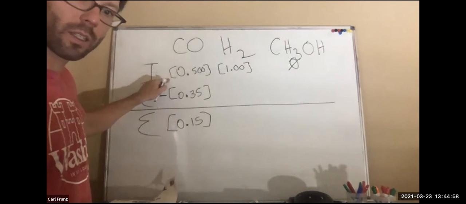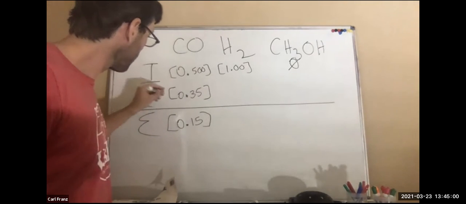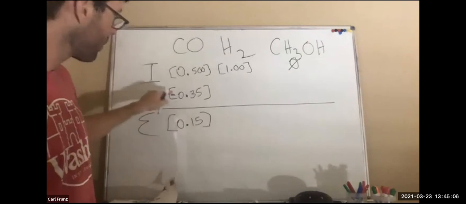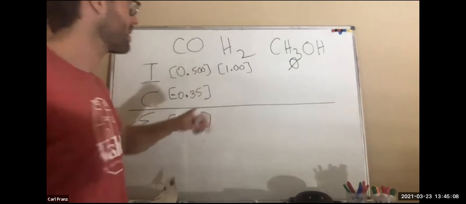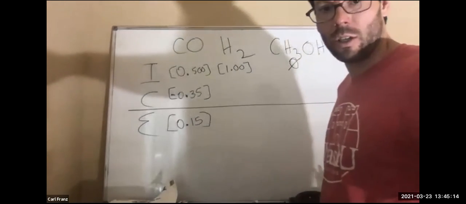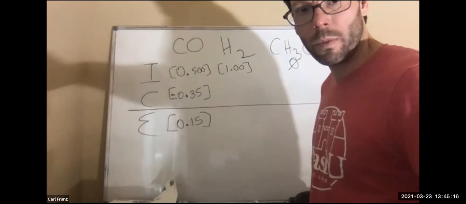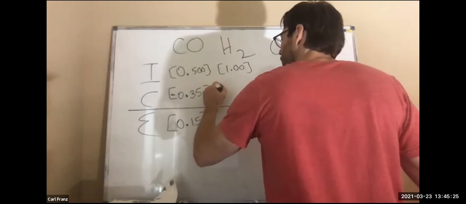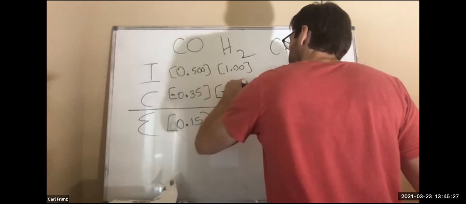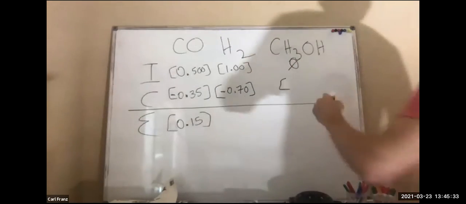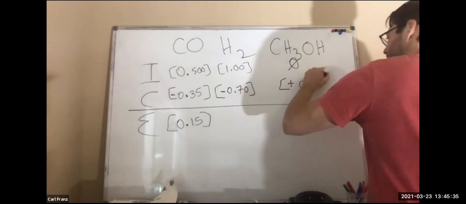It decreased. We know that this is negative because it went from 0.5 to 0.15, which is less. So this is negative. This is negative. Now I got to make sure I got my reaction correct. I think it's 2. It's 2H2, right? So it's going to be 2 times 0.35. So negative 0.70. And then that's just a 1. So a plus 0.35.